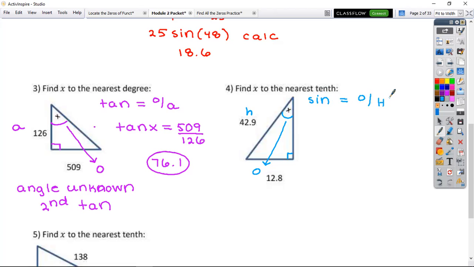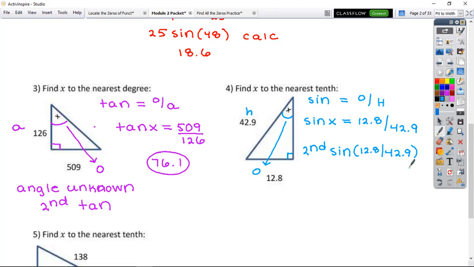Again, I do not know the angle. So sine of x is going to be equal to 12.8 divided by 42.9. And what key do we have to hit again? The second. Good. So you're going to type second sine of 12.8 over 42.9.